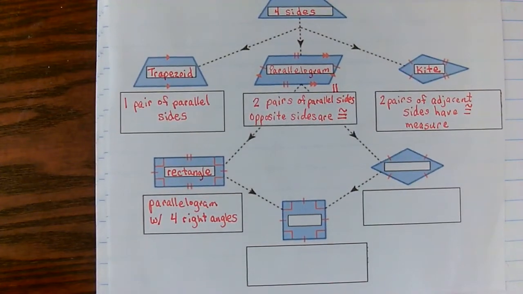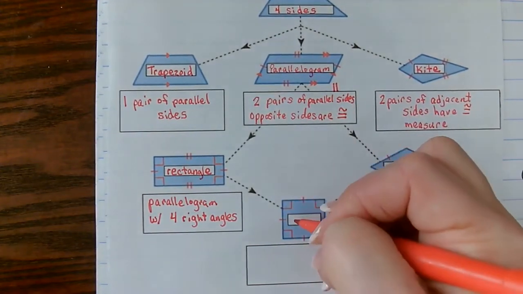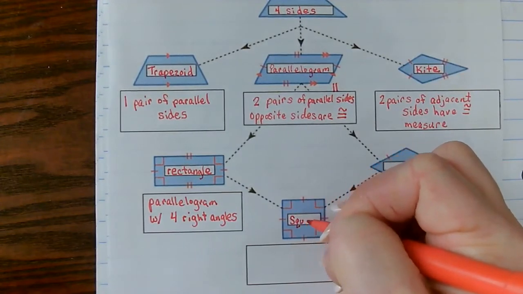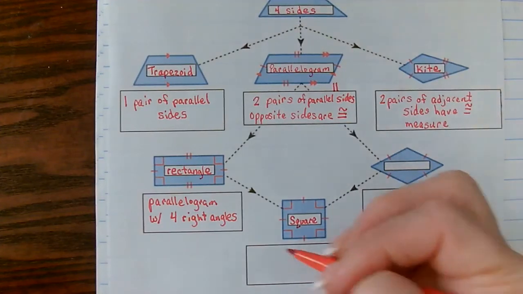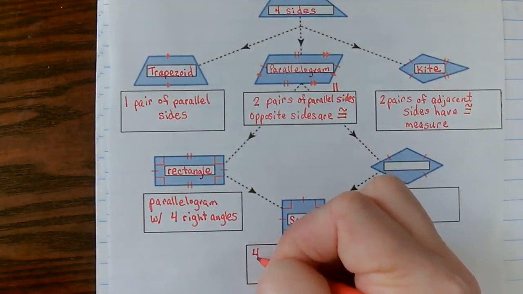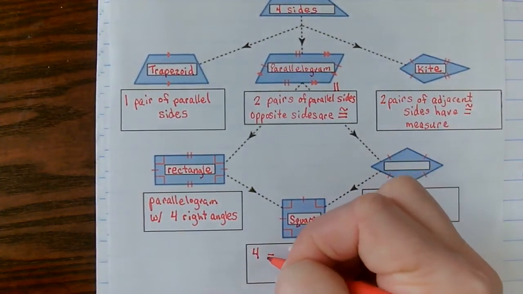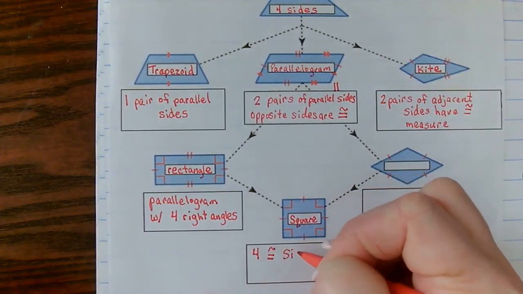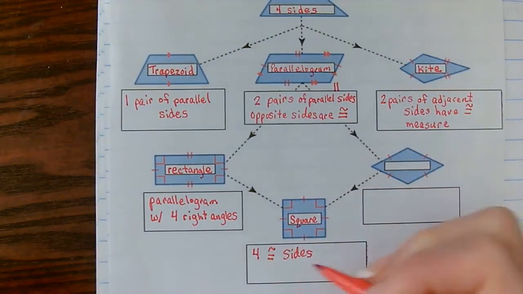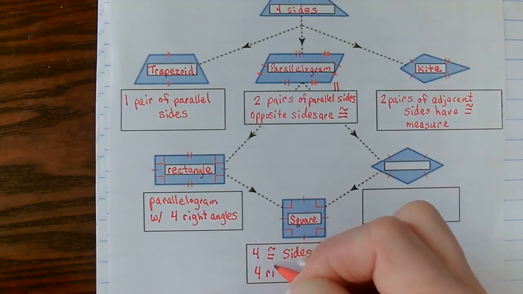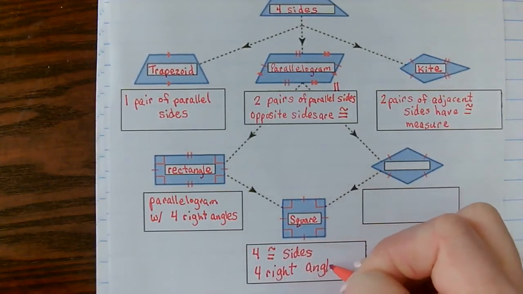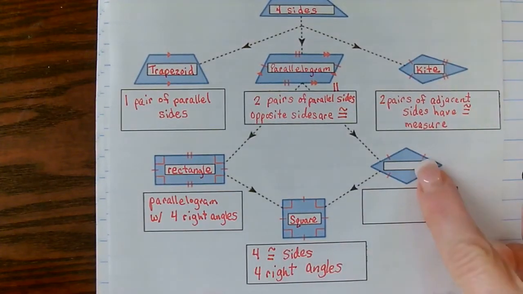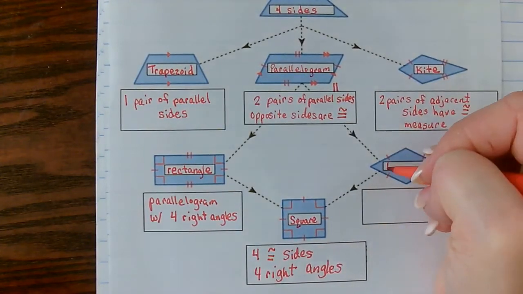Alright? Now down to here is the square. And the square has four congruent sides, because they have the same measure, and four right angles. And over here to the rhombus.